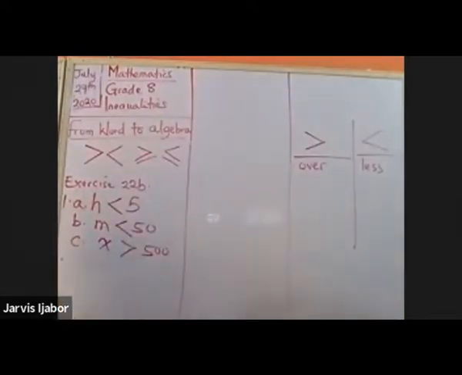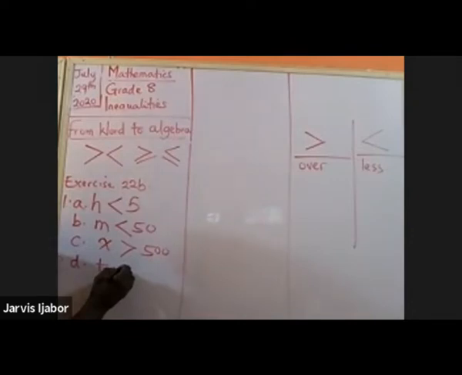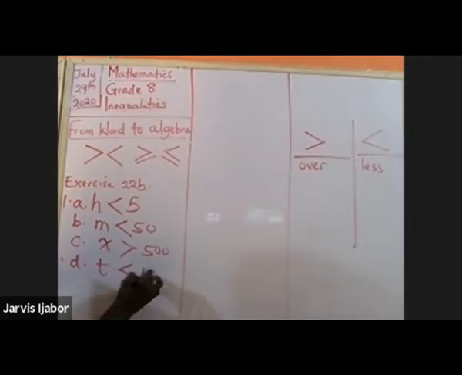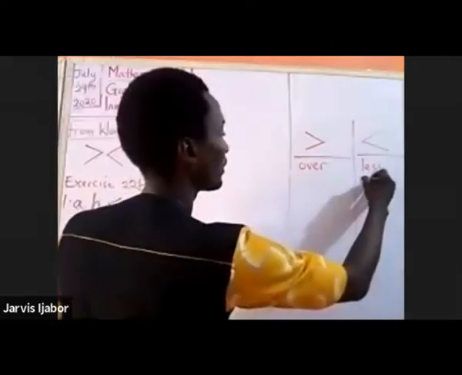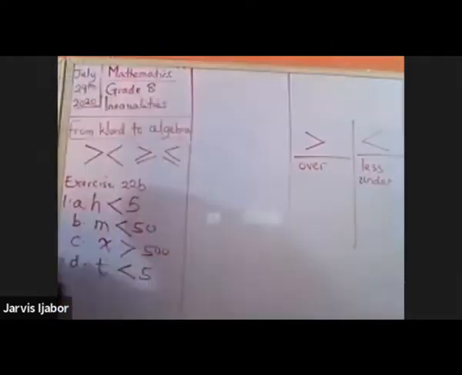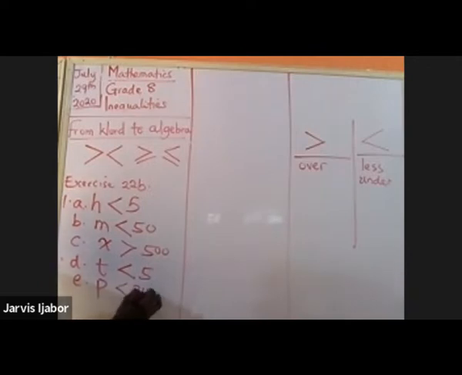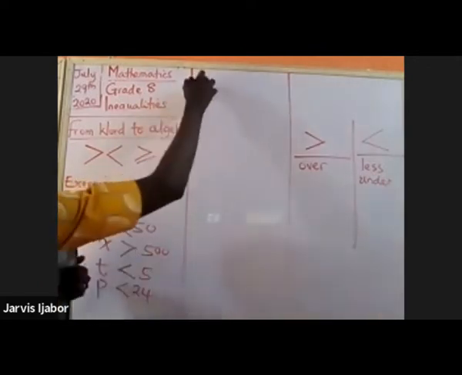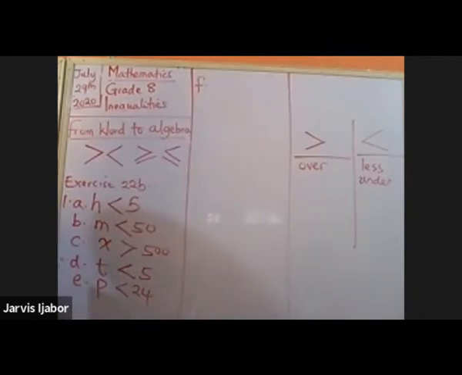Now, D, the time taken, it was what? Under 5 minutes. That's less than. So under. Now, E. The number of pages P was less than 24. F, the mass of the letter M was under.